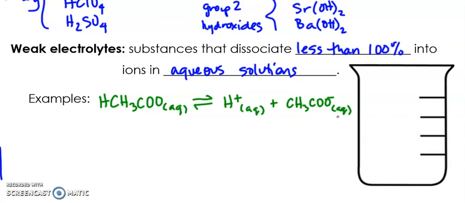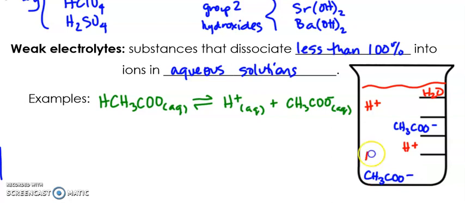So what you'd see in your beaker, right, so we still have that water in there, is you're going to see some ions. You're going to have some H pluses. You're going to have some acetate ions. But you're also going to have some acetic acids.